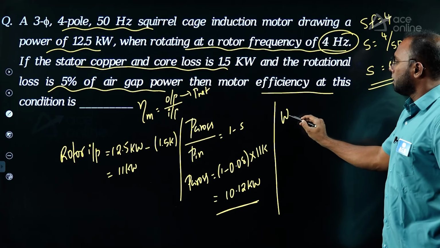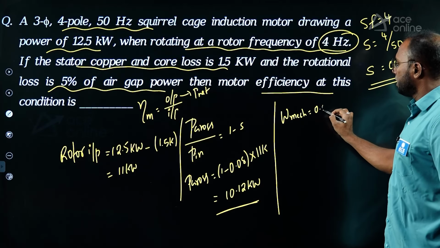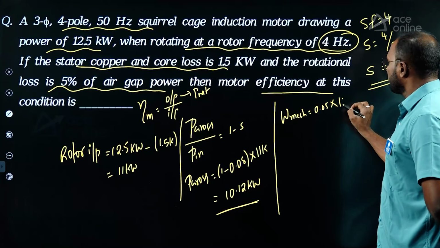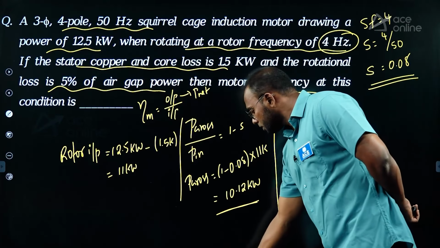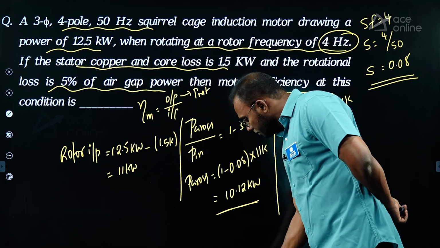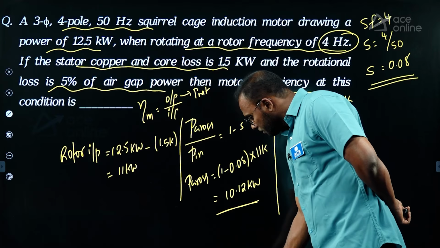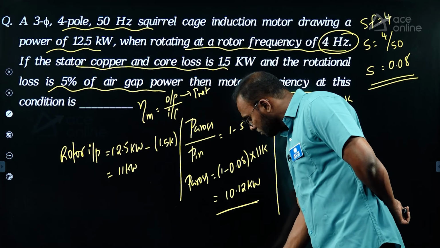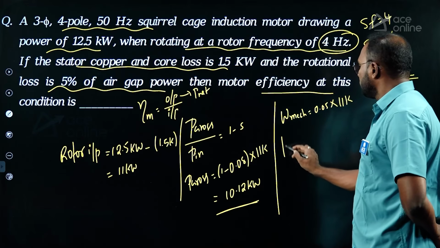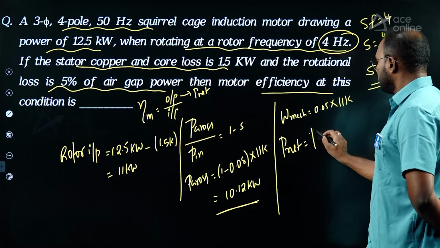The mechanical loss or rotational loss total equals to 5%. 0.05 into rotor input. What is the rotor input? 11K. Okay, calculate how much it is mechanical loss. Calculate that, and then net mechanical power is equal to P gross minus mechanical loss.